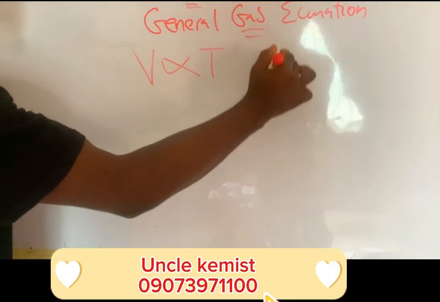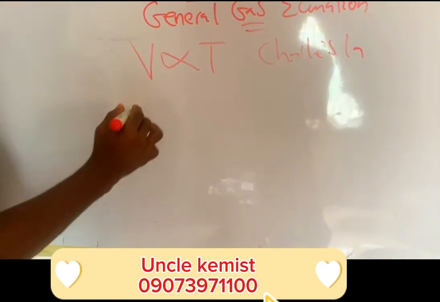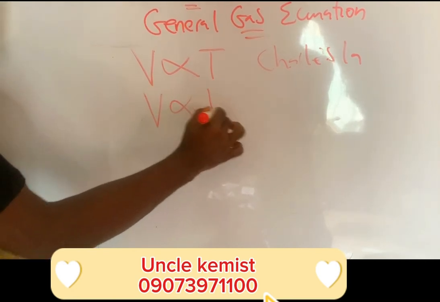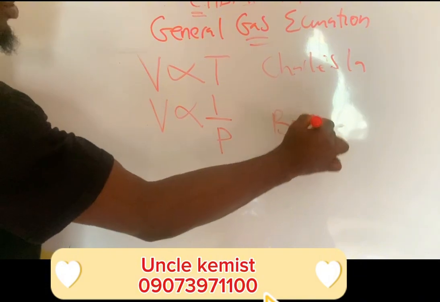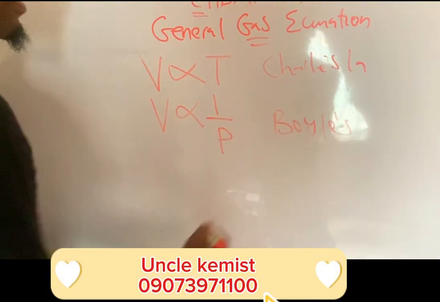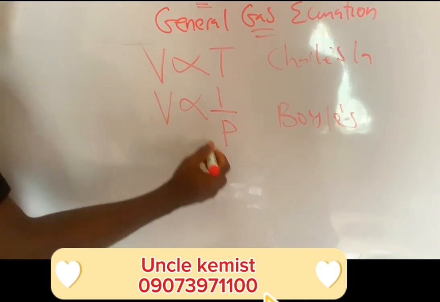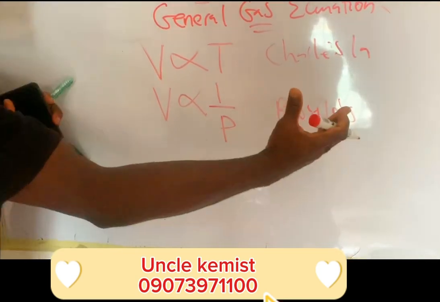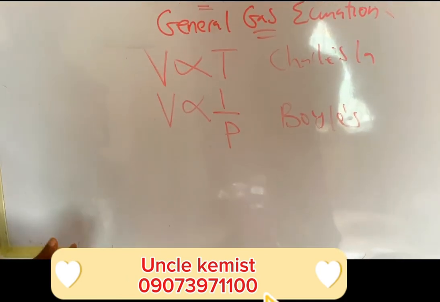And for Boyle's law, the volume of a fixed mass of gas is inversely proportional to the pressure. Now, the combination of Charles' law and Boyle's law gives rise to the general gas equation. I'm going to combine these 2 equations so we can arrive at a particular final formula.